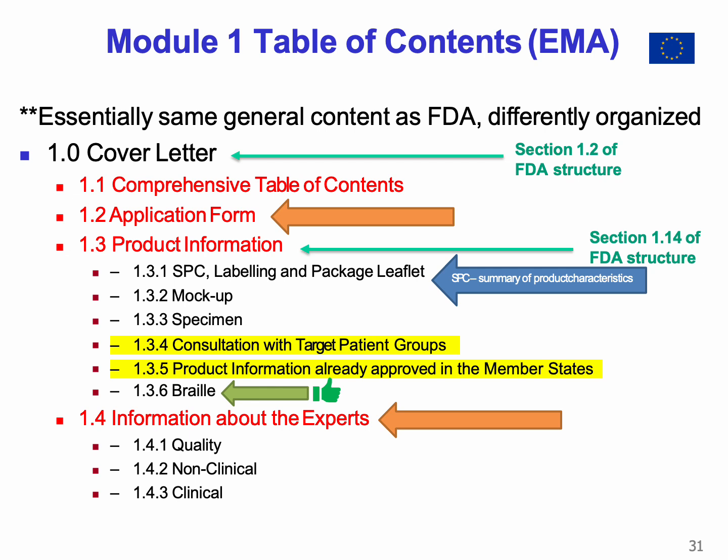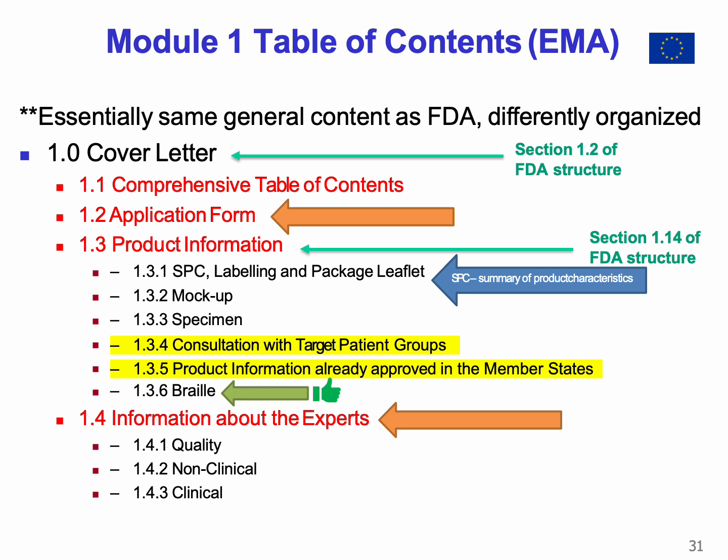For example, in module 1.1 we have the comprehensive table of contents. This is the same for both regions. But the application form in 1.2 may not apply in the same way. For module 1.3, we have the product information, which in Module 1 of the CTD structure for FDA is related to module 1.14.